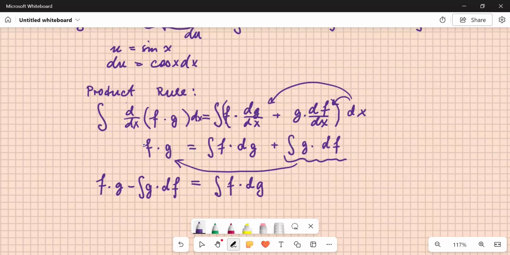So that's the formula of integration by parts. Let me kind of circle it. Because I was writing down the product rule, I have the unknown integral on the right side, but normally we have it on the left side. So actually this one is supposed to be equal to this and goes in this direction, right? But because I wrote it already like that, let's just rewrite it later.